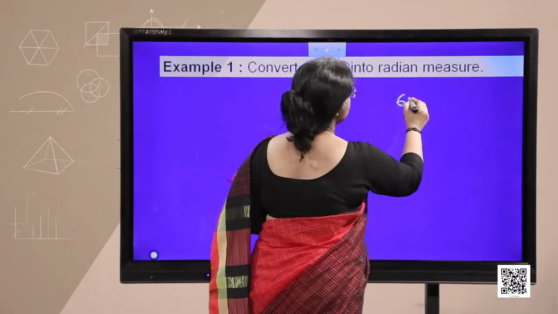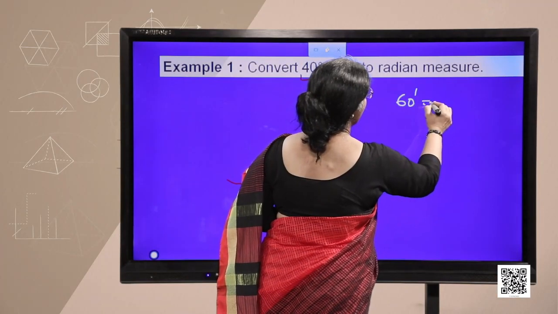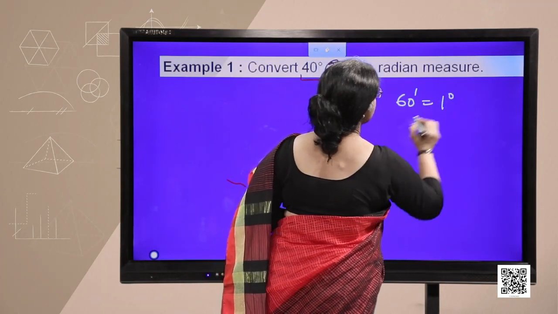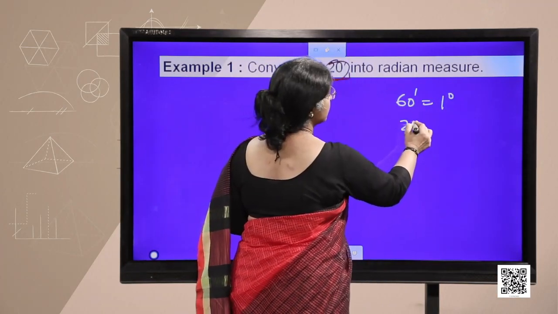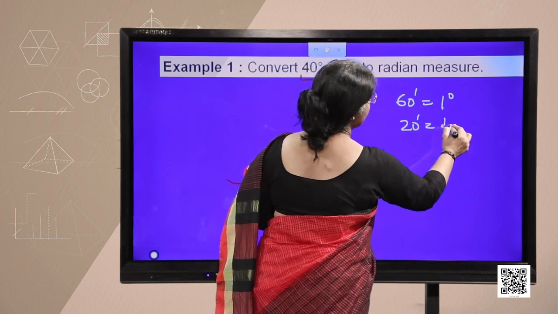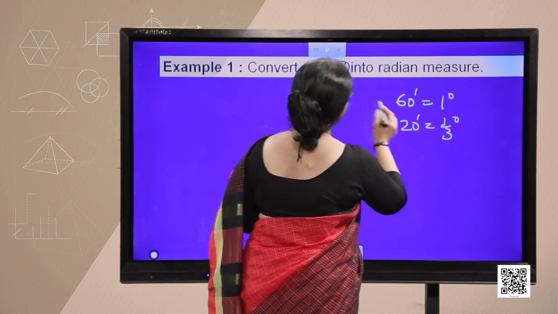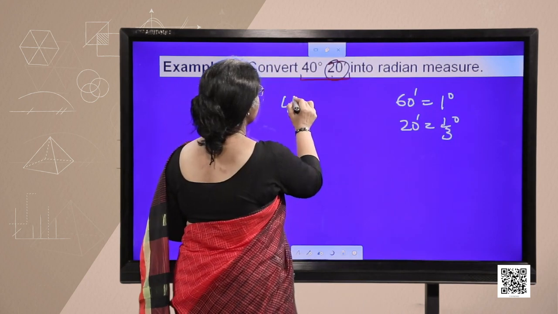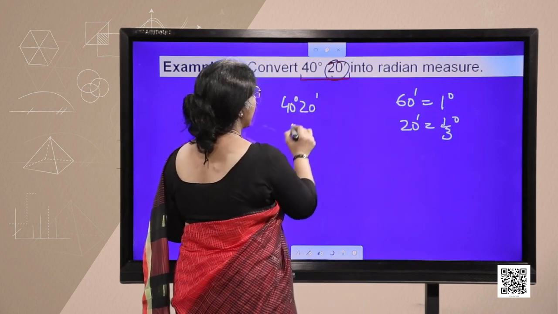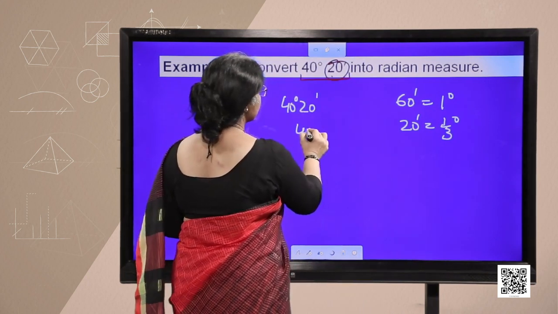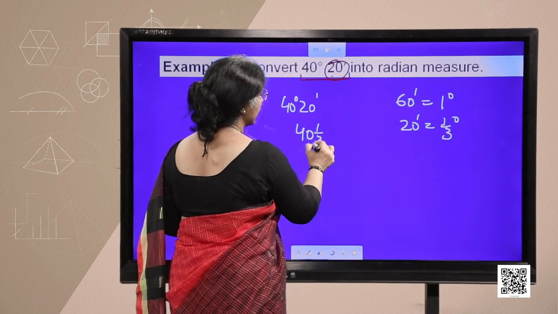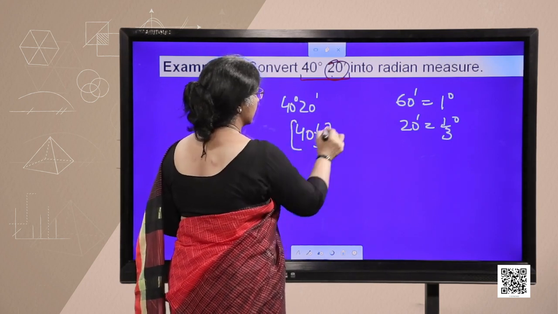So, how can we do that? 60 minutes make 1 degree, so 20 minutes will make 1/3 of a degree. So we can write 40 degrees 20 minutes as 40 and 1/3 degrees.